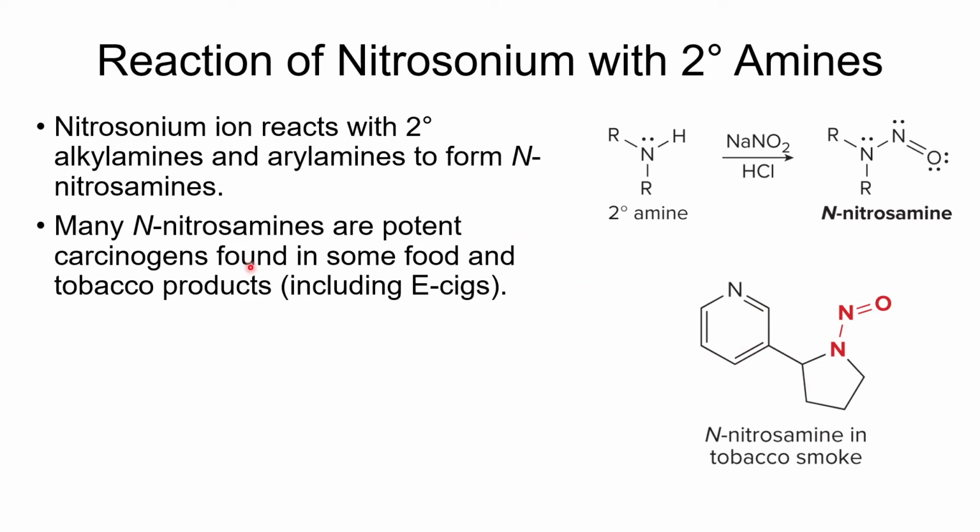But if you smoke, it is something that you will breathe into your lungs. Now, it is by no means the only carcinogenic compound present in cigarette smoke. There are literally hundreds, thousands of these potential carcinogens. Again, public service announcement, please don't smoke. And if you do smoke, try to quit.